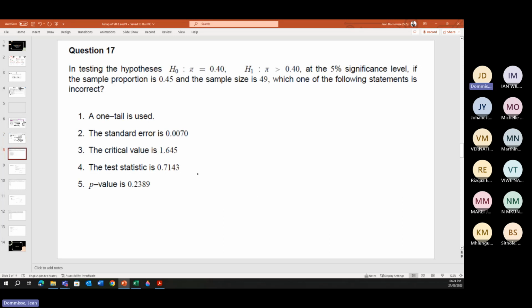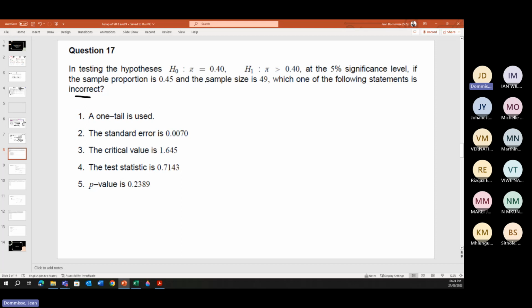Okay, so the next one, we're going to do a hypothesis test. Which of the following statements is incorrect?